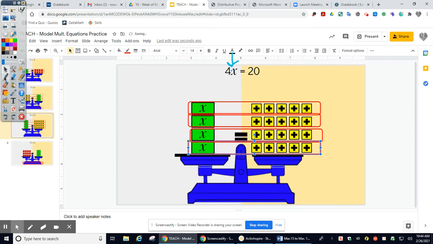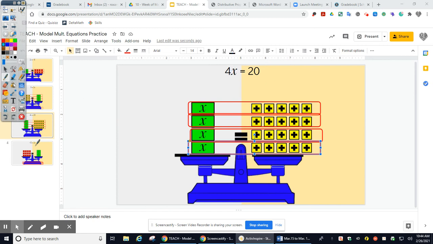We can see that each group has 1x, and for every x there's 1, 2, 3, 4, 5 positives. So here, x equals 5. Let's see if it's true in our equation. 4 times 5 does equal 20.